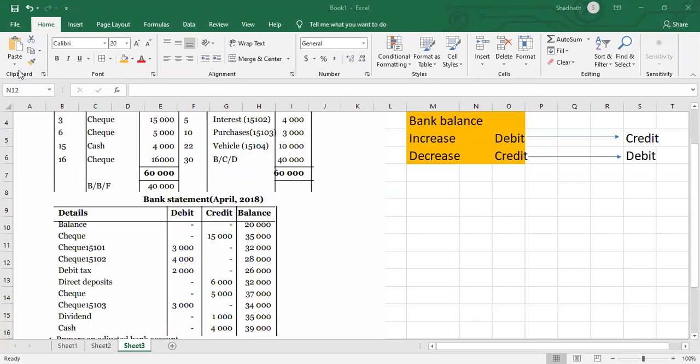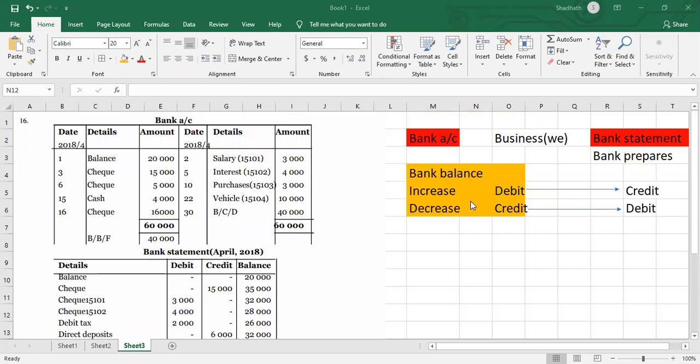So when you come to the bank account and the bank statement, you must have a clear picture. Bank account debit entries are recorded on the credit side of the bank statement. Bank account credit entries are debited in the bank statement.